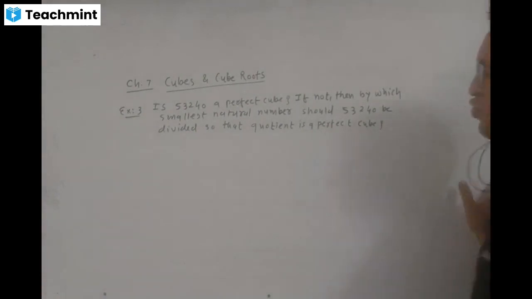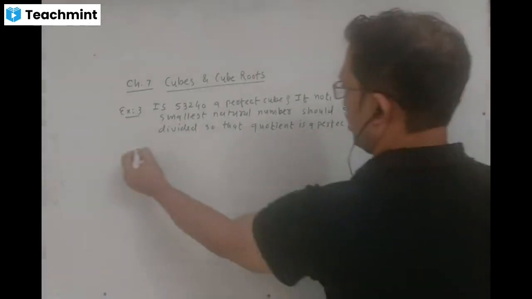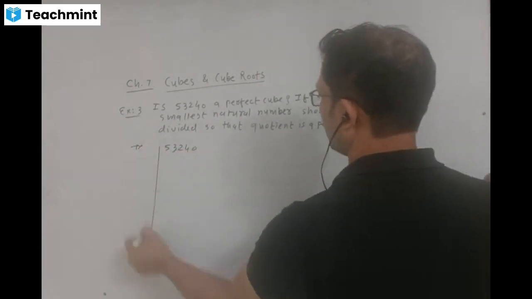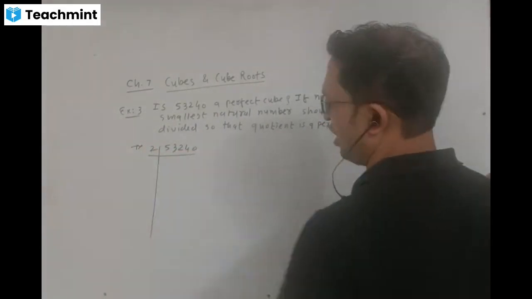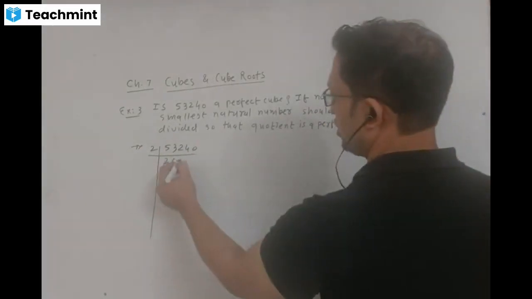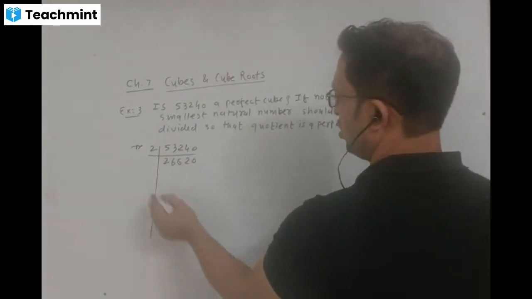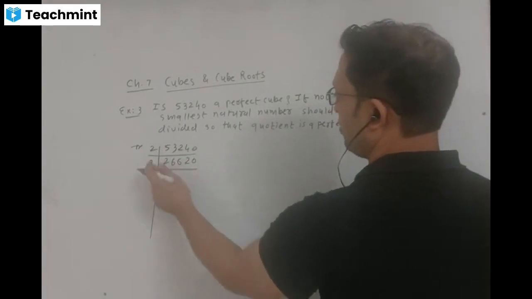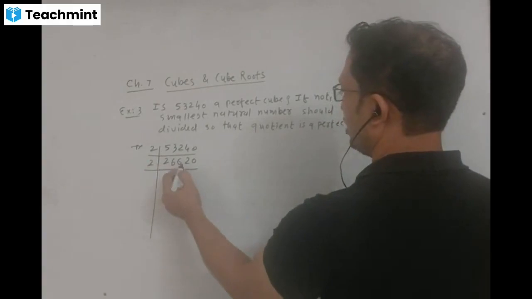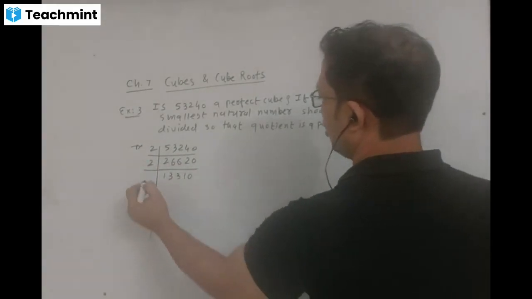Is 53240 a perfect cube? Find the prime factors of 53240. It is divided by 2, that is 26620. Again we divide by 2, 13310.